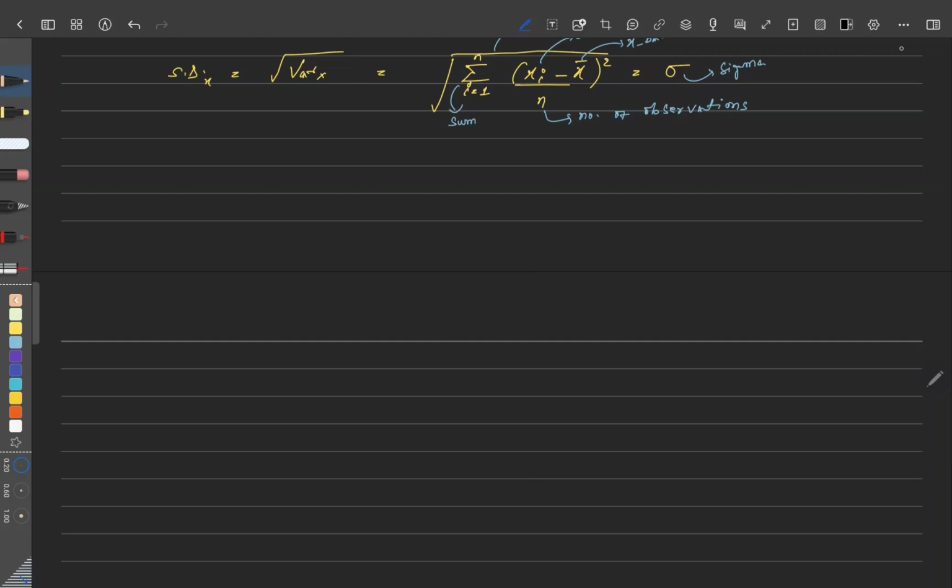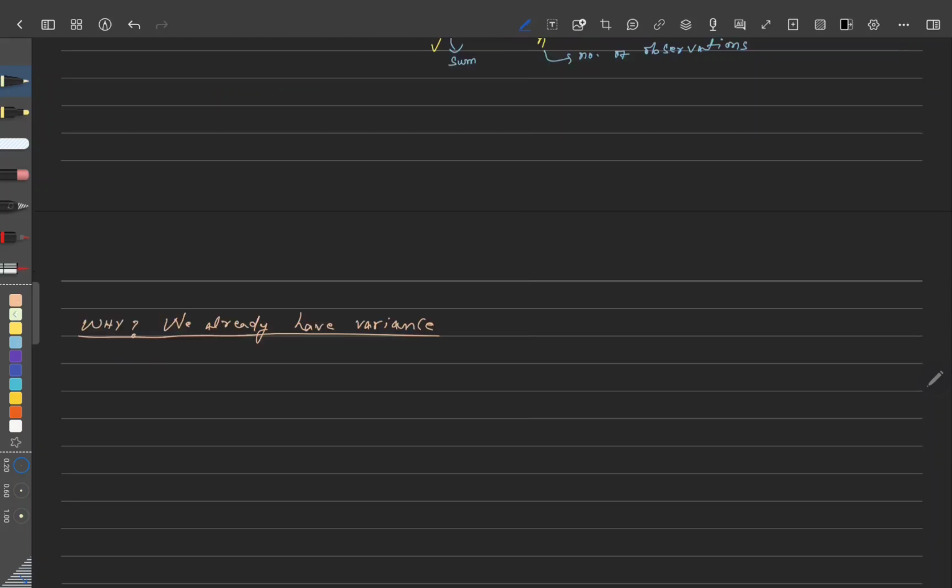While variance amplifies larger deviations because we square the data, as we understood when studying variance, squaring the data itself makes the unit of variance the square of the unit of observations.